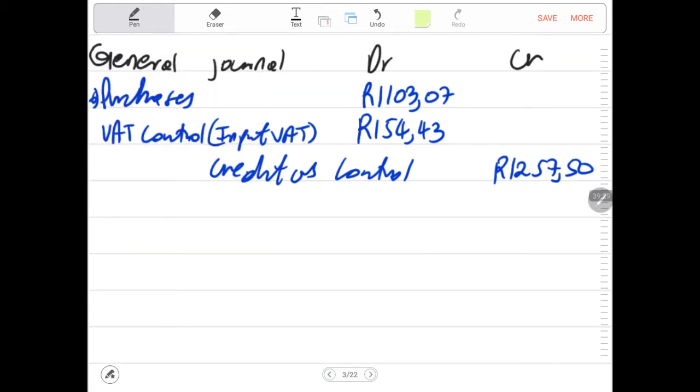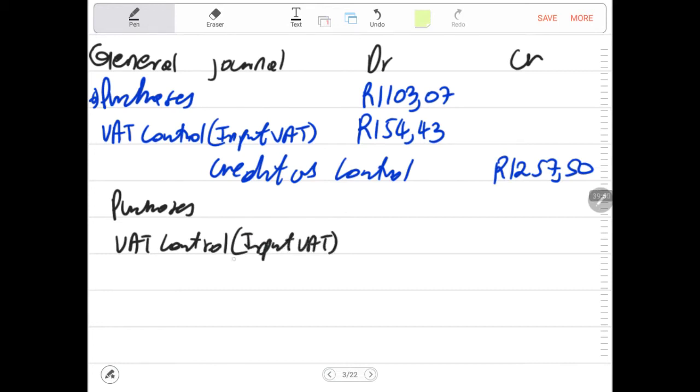The next date, it will still be the same. Purchases, we have our VAT control, which is input VAT. Then we have creditors control.